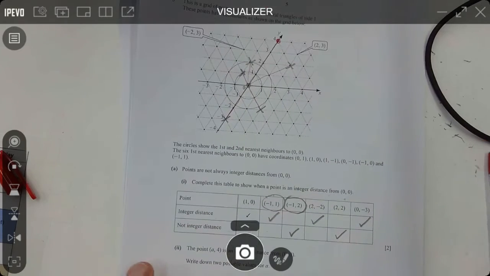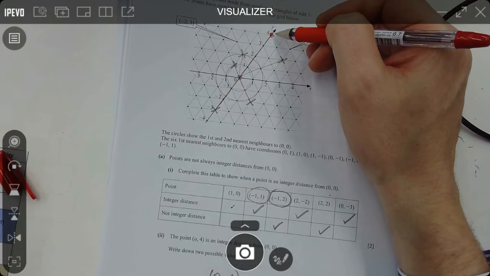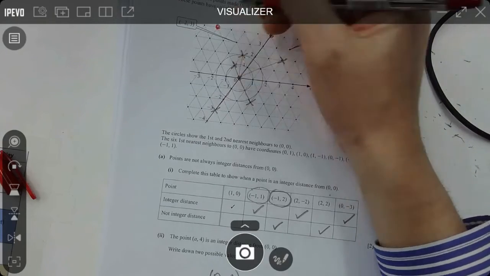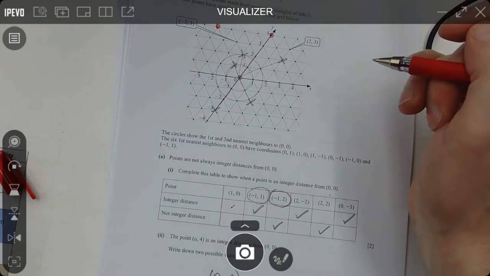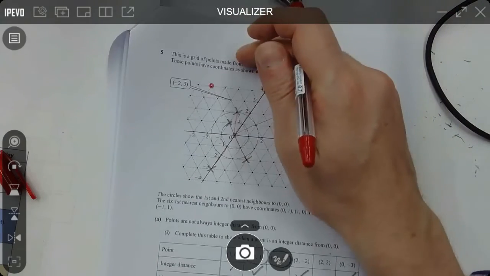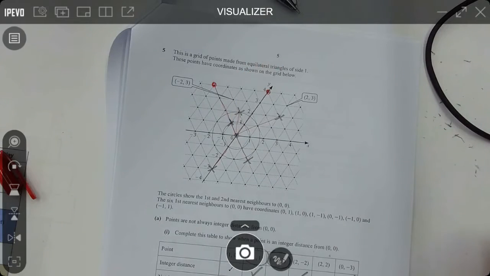And then finding another one where it does that, you're going to have to move along. So I think to here. So if we move along to there, can we see that this also means we travel all along the sides of the equilateral triangles to get to 0, 0.